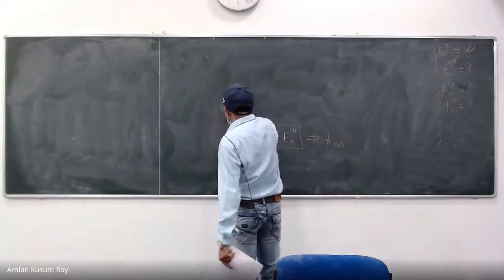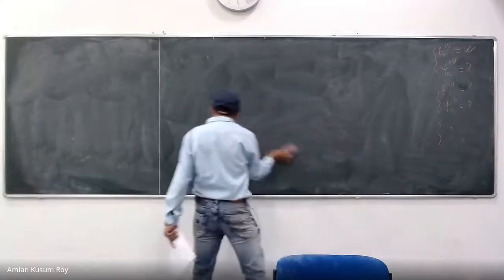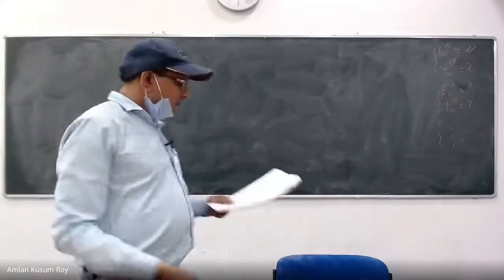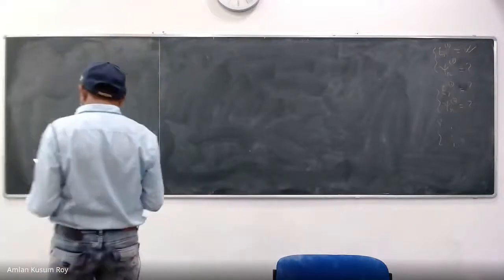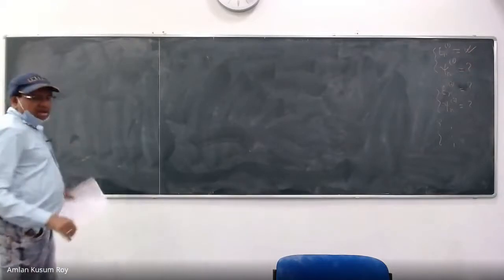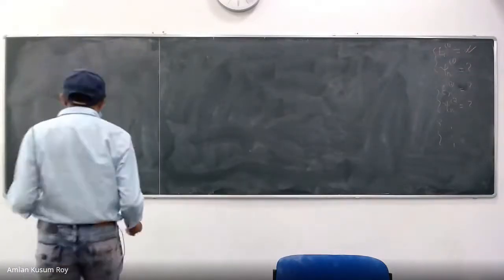So the first order energy correction, as you can see, depends only on the zeroth order energy and zeroth order wave functions. Let us now proceed to the second order energy correction, because we will go for the wave function a little bit later.